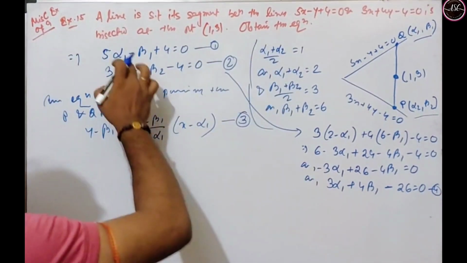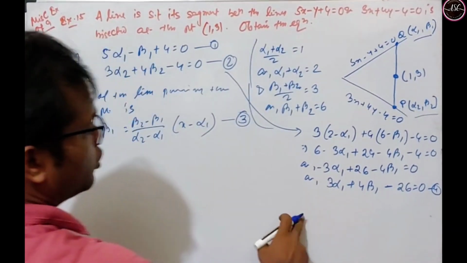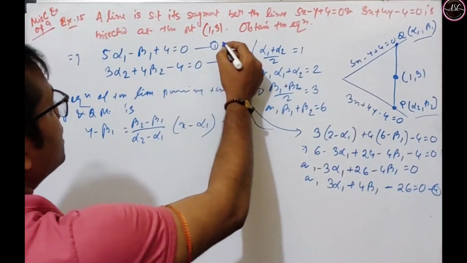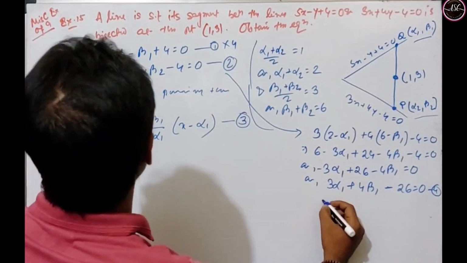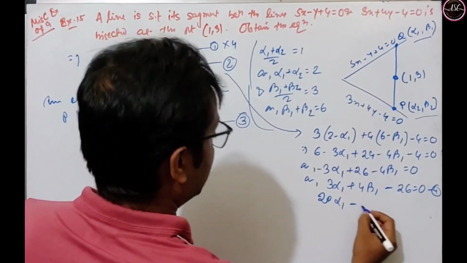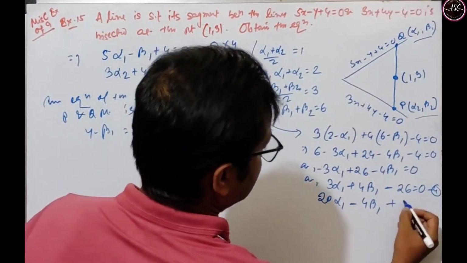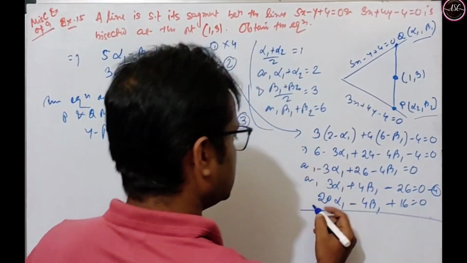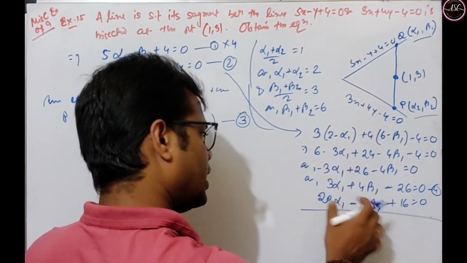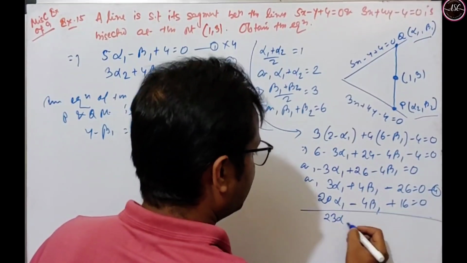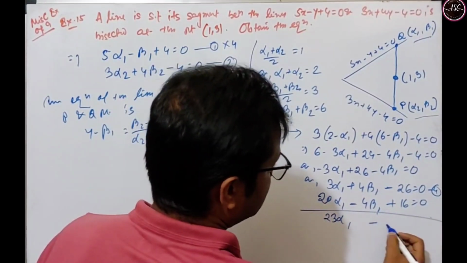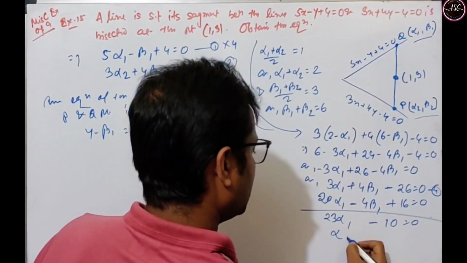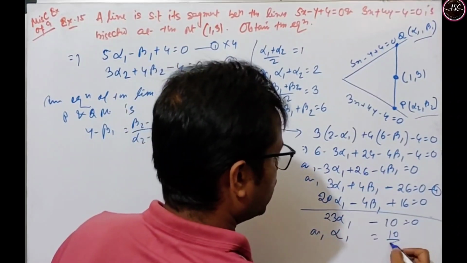Okay. Now solving this 1 and 4, here just multiply with 4. We get 20 alpha 1 minus 4 beta 1 plus 16 equal to 0. Just solving this, just adding this, we get 23 alpha 1 minus 10 equal to 0, or alpha 1 equal to 10 by 23.